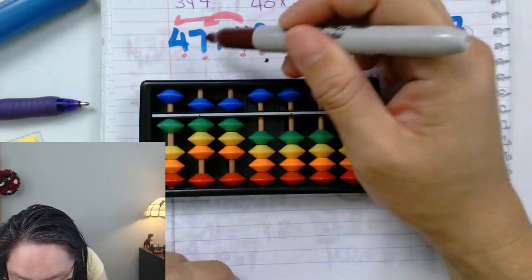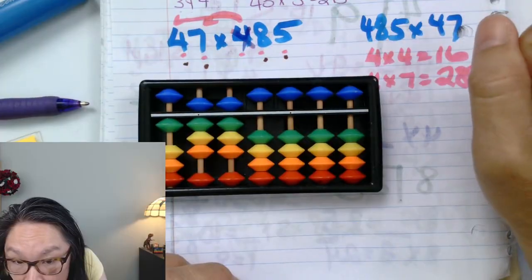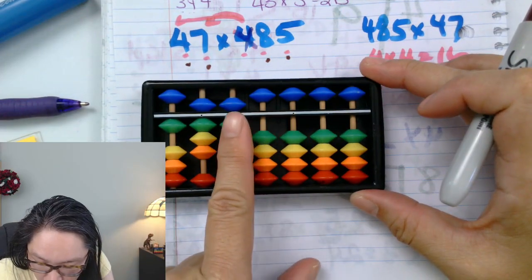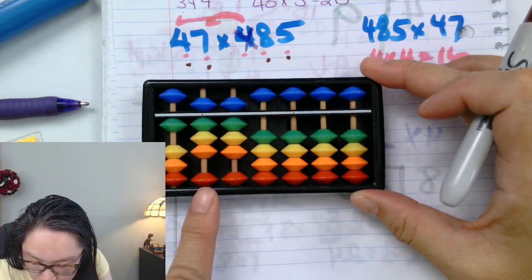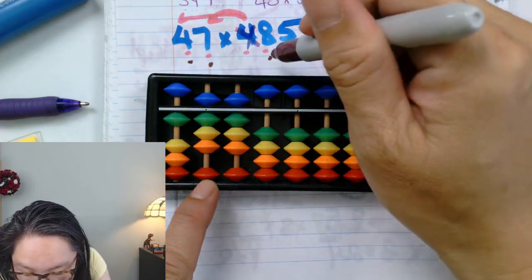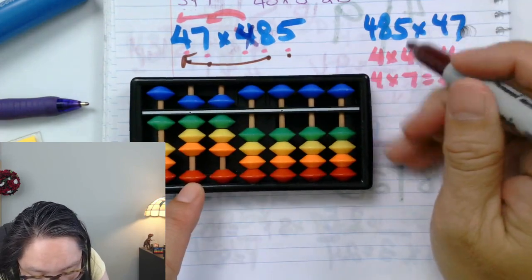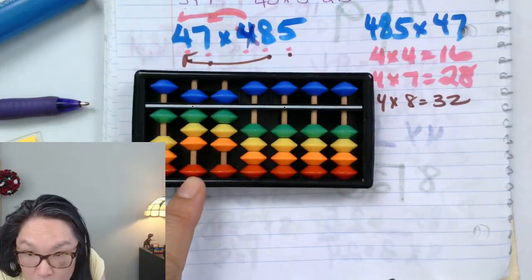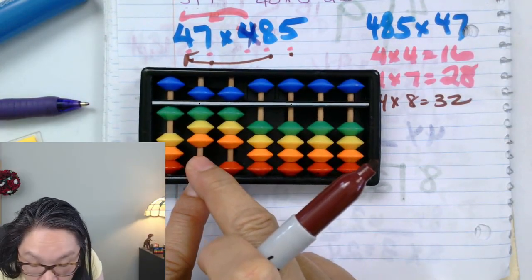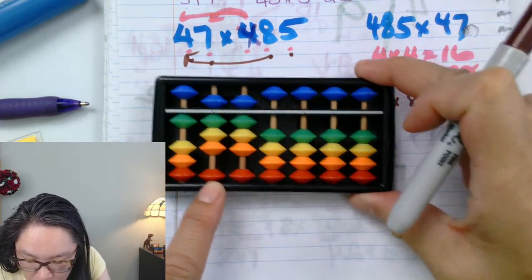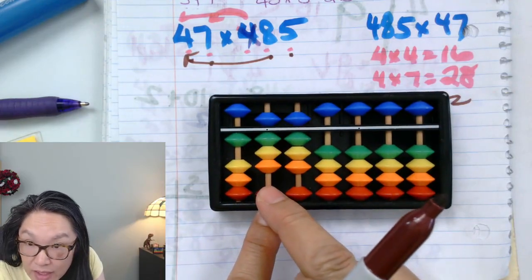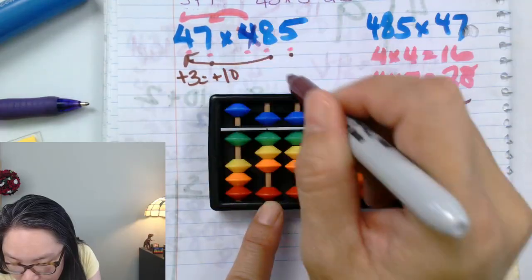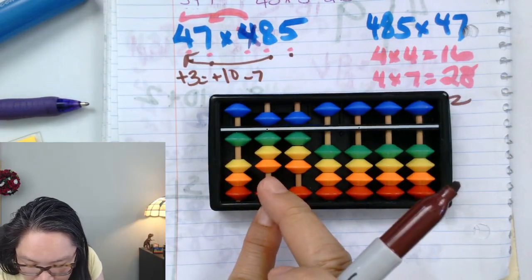1, 2, 3, 4. So now we're here. 8 times 4 is 32. I add my 3. I add my 2. Add 3. Cannot add 3. Plus the 3 is equal to plus the 10 minus 7. Plus the 10, 1, 0.